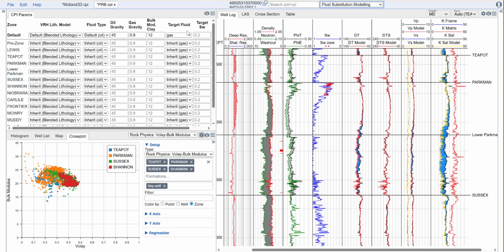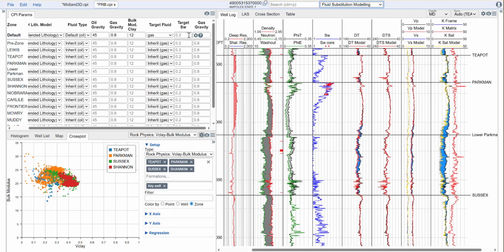And now let's say that I want to know what it's going to look like if I think it's a gas, if the target saturation is say 20%, and the gas gravity is, let's say, a bit lower. What that allows us to do is to come in and analyze where we may see some of these subtle changes in here.